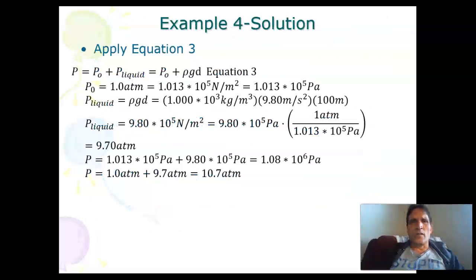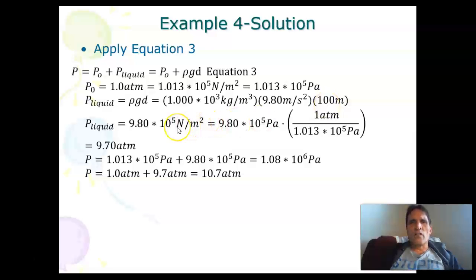Okay, so let's calculate. We plug in the pressure at the top of the fluid as atmospheric pressure, 1 atmosphere, which is 1.01 times 10 to the 5th newtons per meter squared. The pressure of the water above the diver is the density of water times g times the height of the fluid column above it, which is 100 meters.